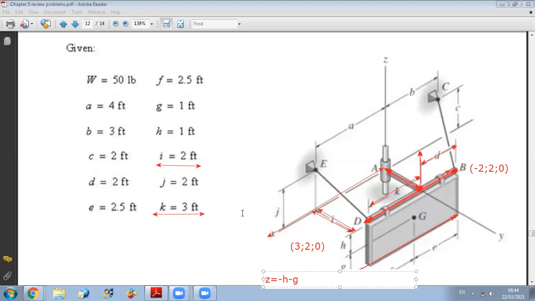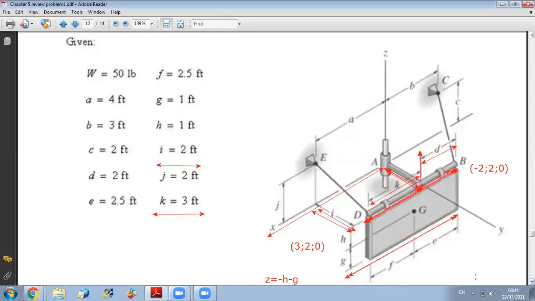Yes. Okay. Now, I will also need the coordinates of point G because I want to do some moments about A. So I need the position vector AG. What are the coordinates of G? If you look well at your figure, to find the coordinates of point G, first, G is below the XY plane, and at which distance?